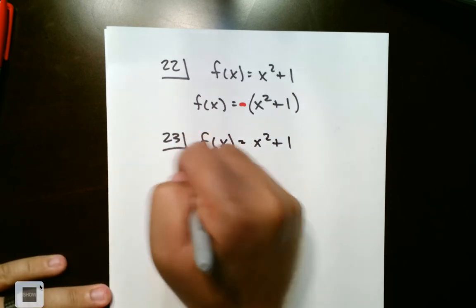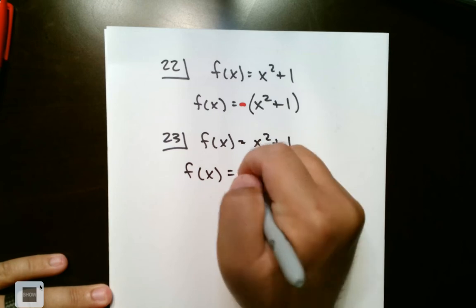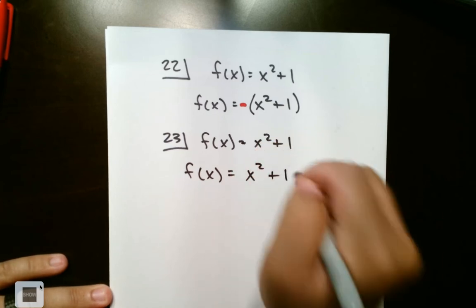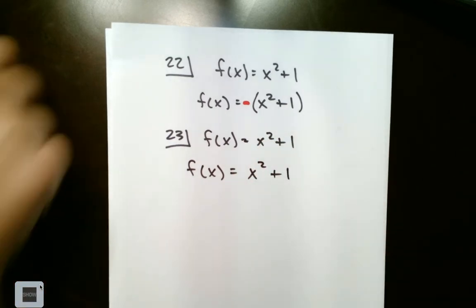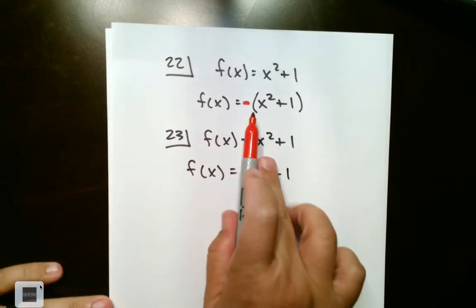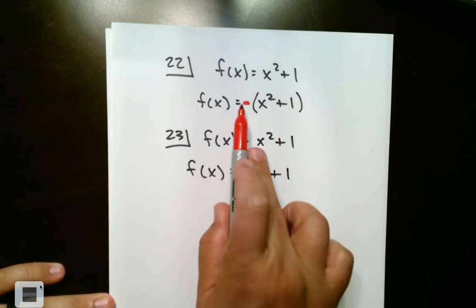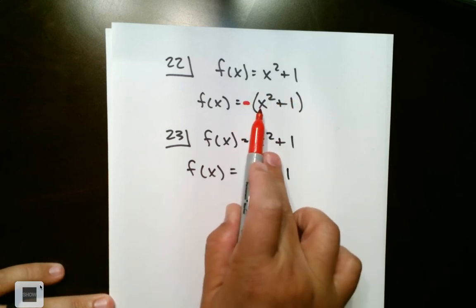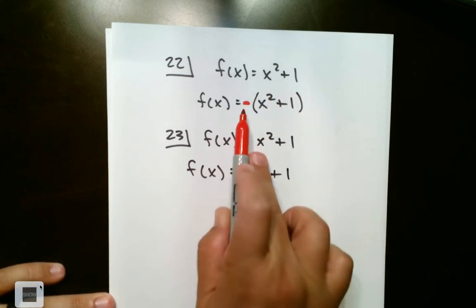So if I take that same function and I make it reflect across the y-axis, well, instead of having the entire function become negative, not just the x squared, I want the entire function to become negative to reflect it across the x.